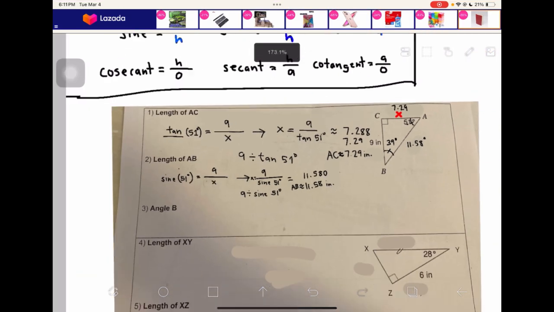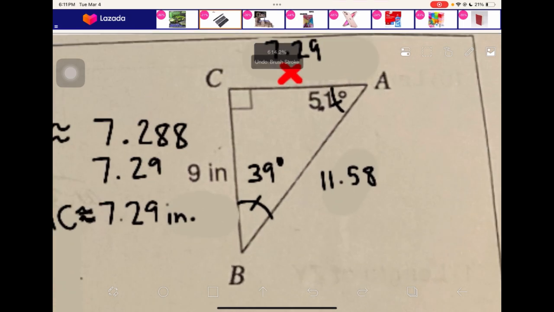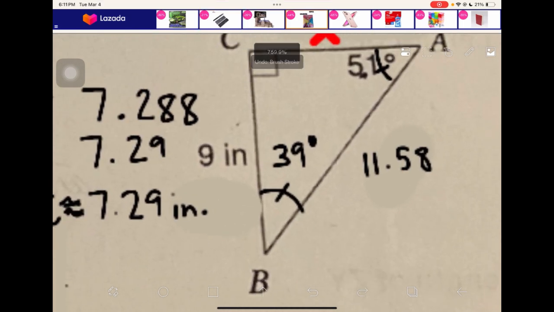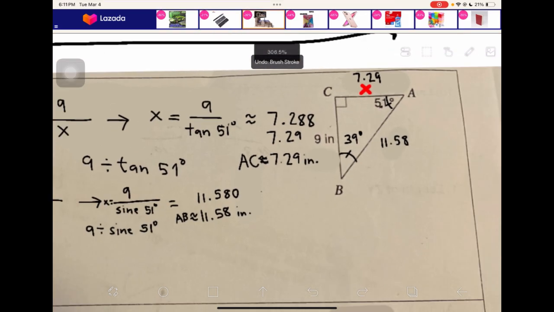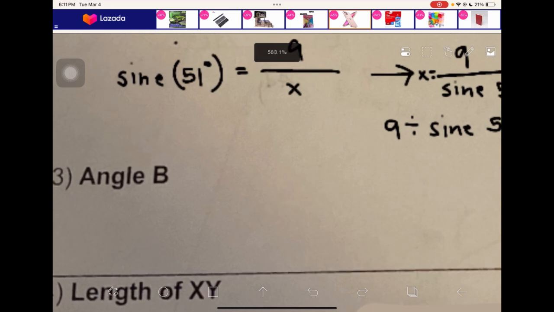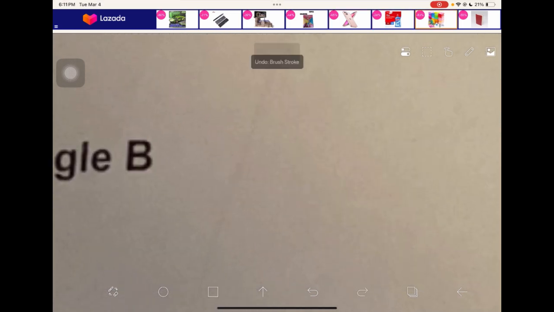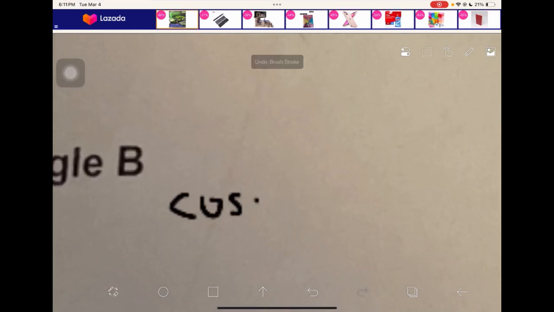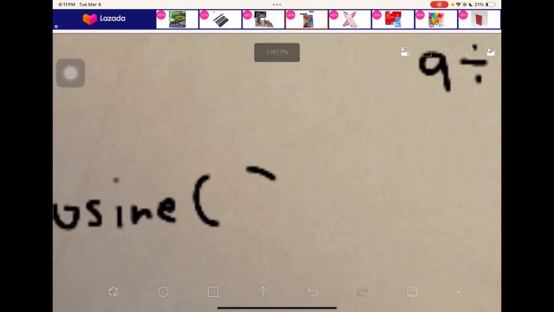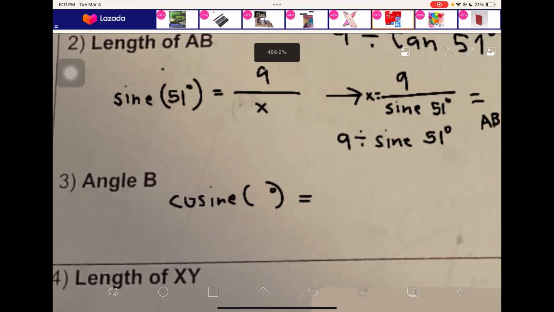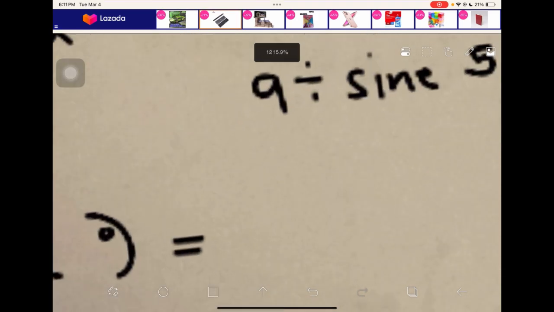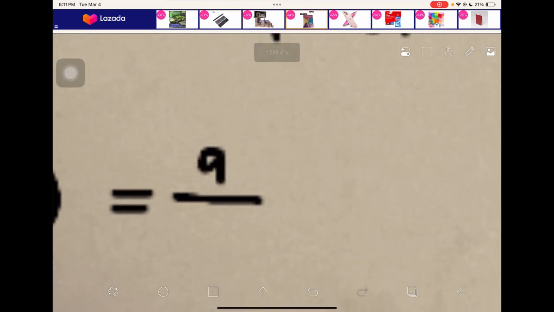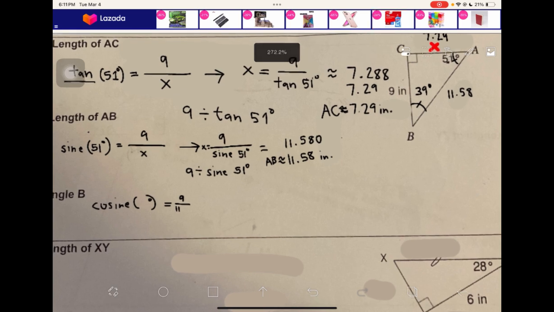And this is where another function comes in. To find angle B, let's just use the adjacent over hypotenuse, because that seems the easiest. So cosine of something degrees is equal to 9, that's the adjacent, over the hypotenuse, which is 11.58.